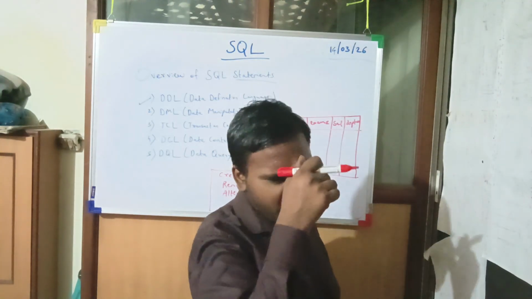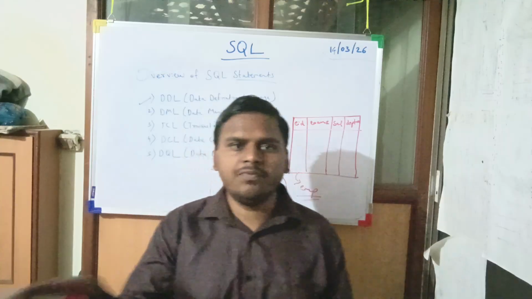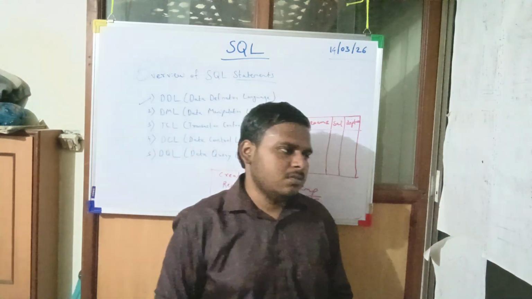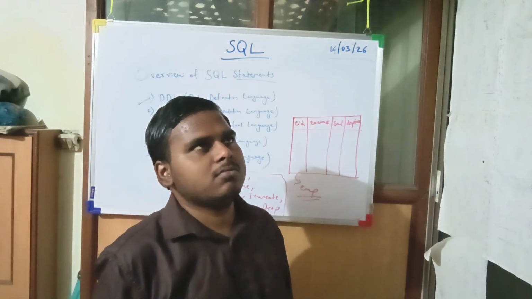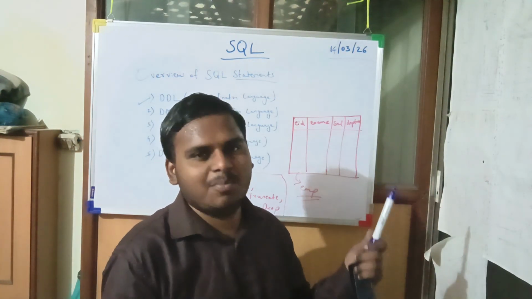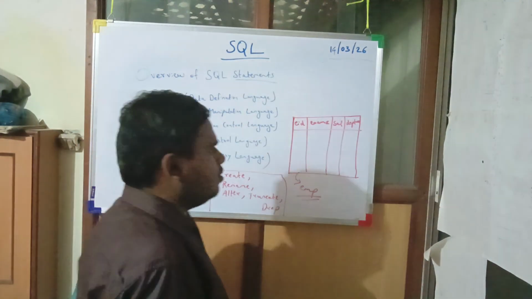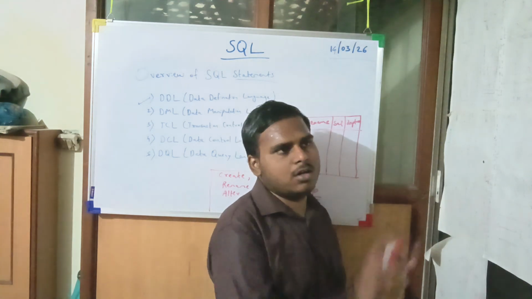So instead of firing, if it's a good company, they shift the employees to different departments for 1 month. It's good instead of firing employees. So for 1 month, the sales department is not required, so they drop the table.